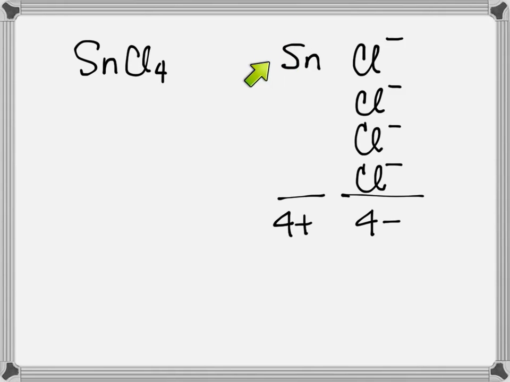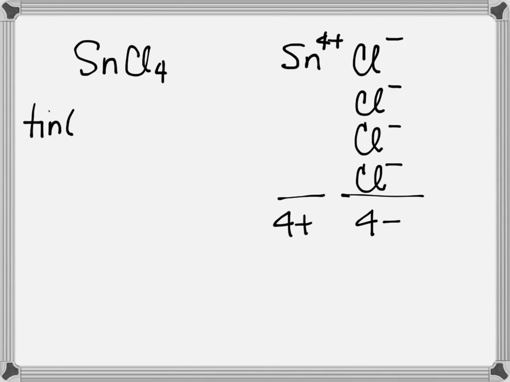There's only 1 of these. I'm not dividing this among 2 or 3 or 4 other ions. There's only 1. It must have a +4 charge. So that must be 4 plus. We just figure it out. Now that we know the charge on this, we can write the name. So Sn is tin.